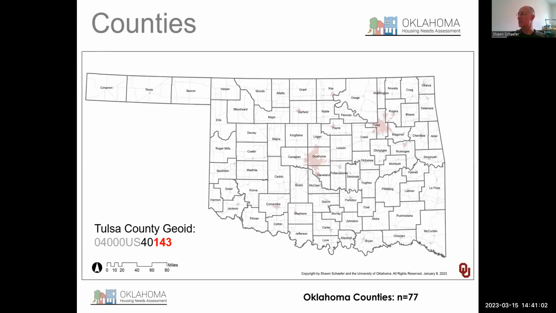Here's the state of Oklahoma, showing the 77 counties. The 77 counties were created at statehood, and you can see them listed here by name. Each one of them has an individual GeoID. In the lower left-hand corner is an example for Tulsa County. You'll see there are 5 digits and the letters US.